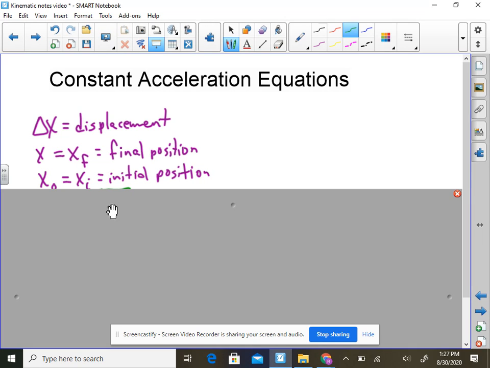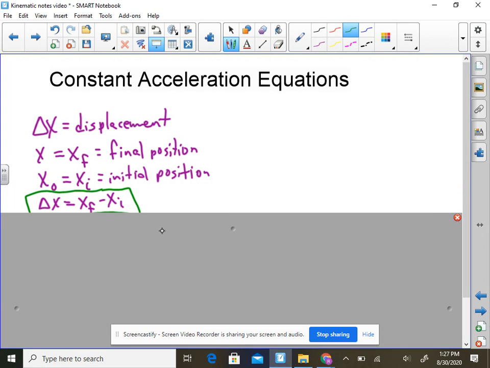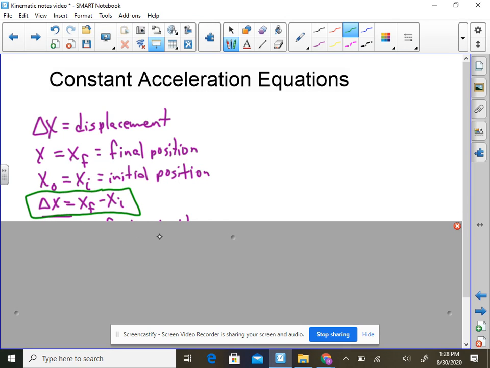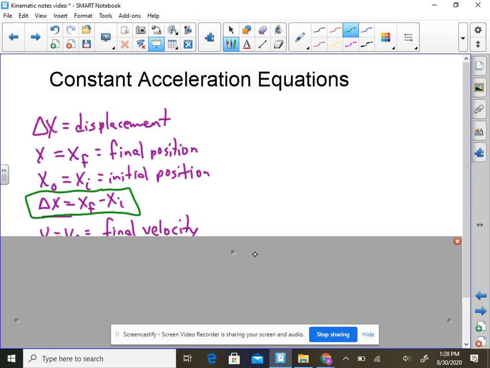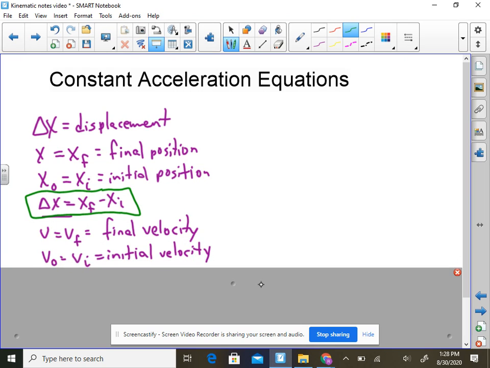And so if you subtract the final minus initial, anytime you have a delta for displacement, delta x is final minus initial position. Displacement is the first variable you'll have to worry about. The next one would be your initial and final velocities.